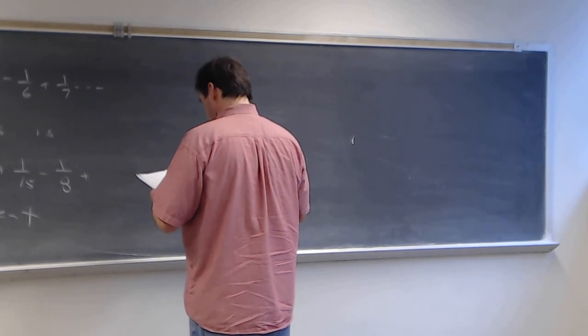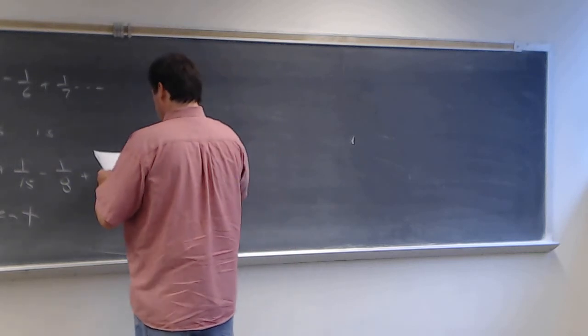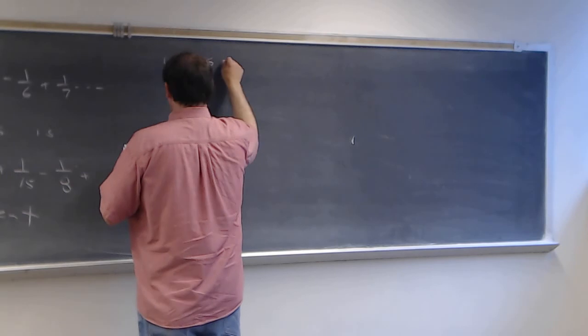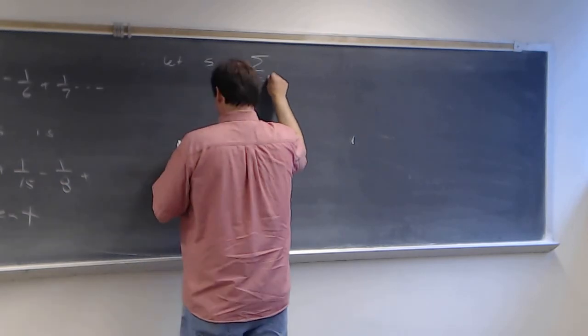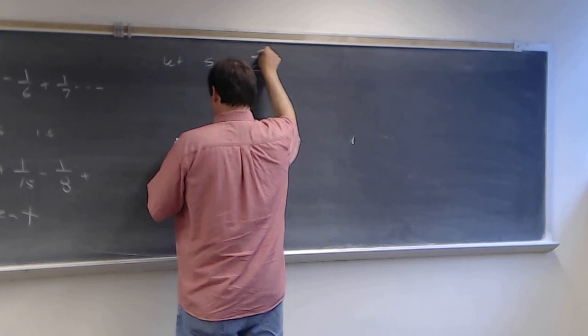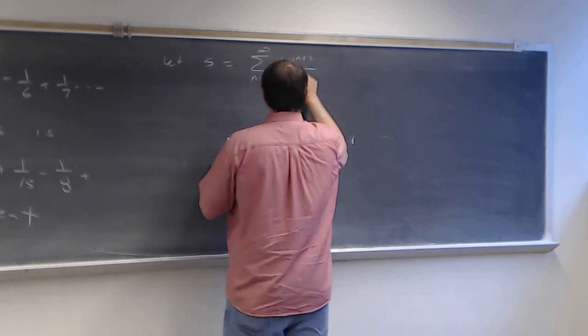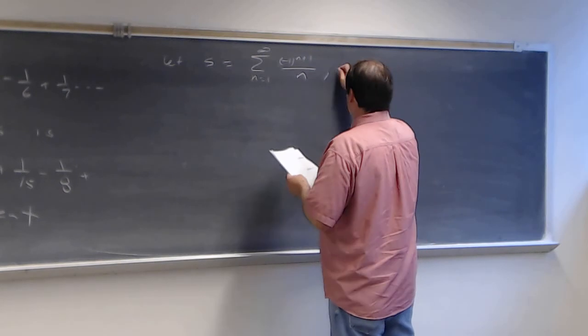Okay, so first of all, let S be equal to the sum as n runs from 1 to infinity of (-1)^(n+1) over n, the original series, I should say.